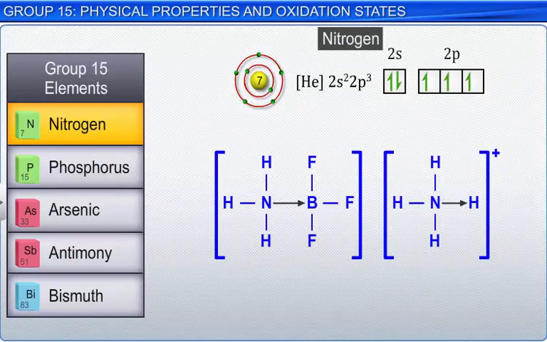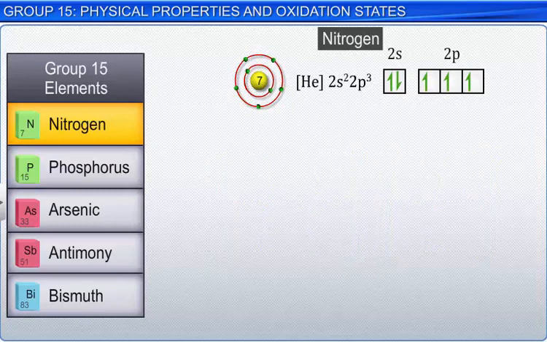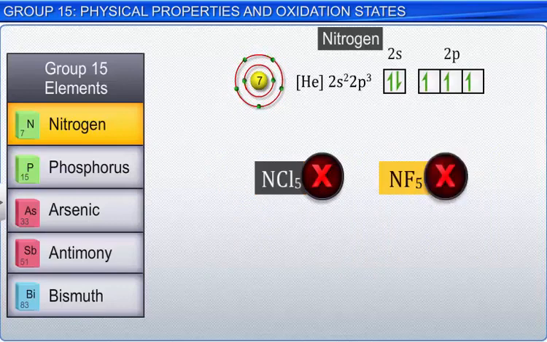Therefore, nitrogen cannot exhibit a covalency of more than 4. For the same reason, it doesn't form pentahalides like NCl5 or NF5.